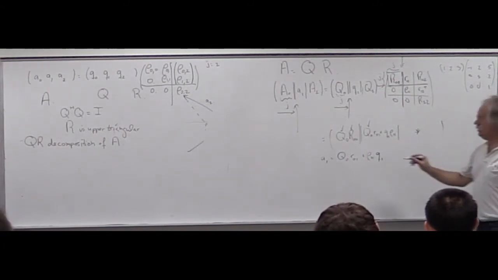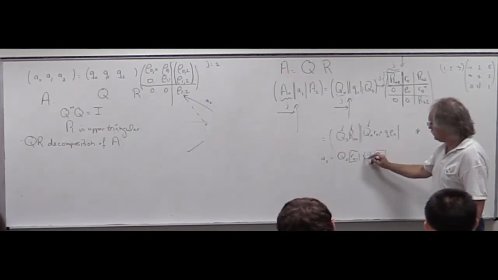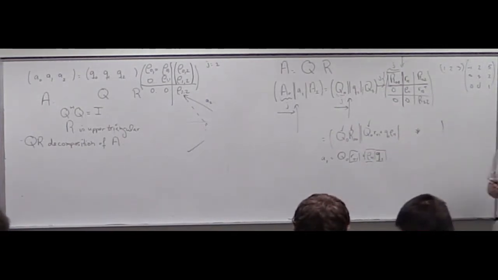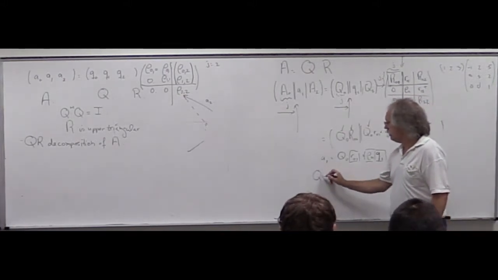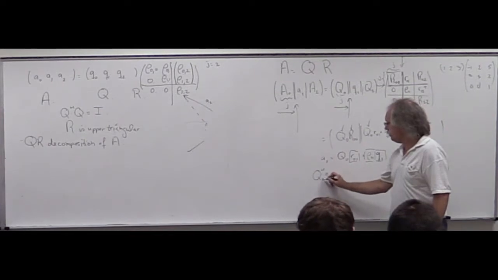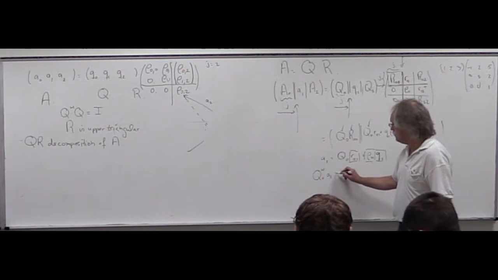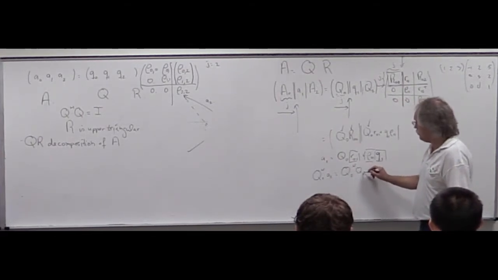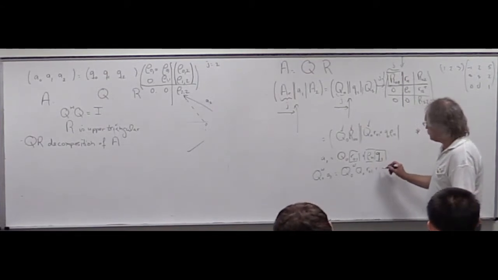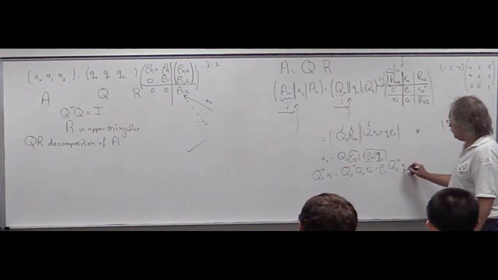So we've got this. And what we would like to do is compute this and this and this. And we only have one equation in 3 unknowns. But what do we know? We know that if we hit A1 on the left with Q0 Hermitian transpose, then that's the same as Q0 Hermitian Q0 R0,1 plus rho 1,1 Q0 Hermitian Q1.